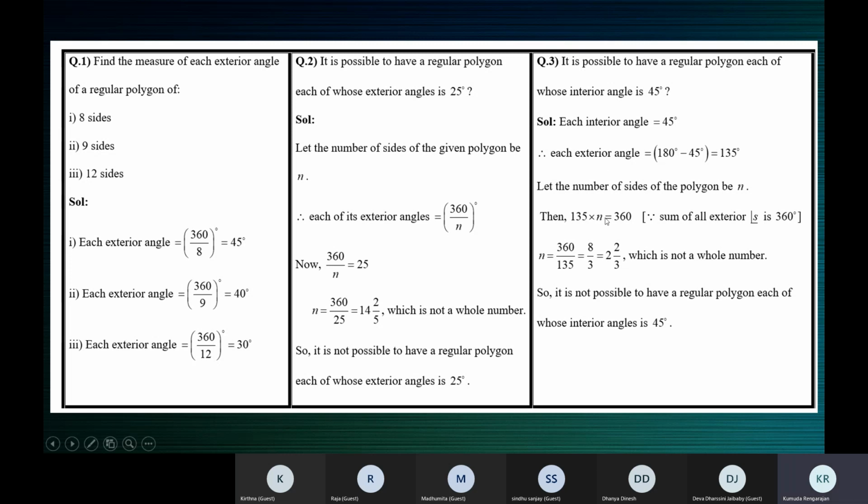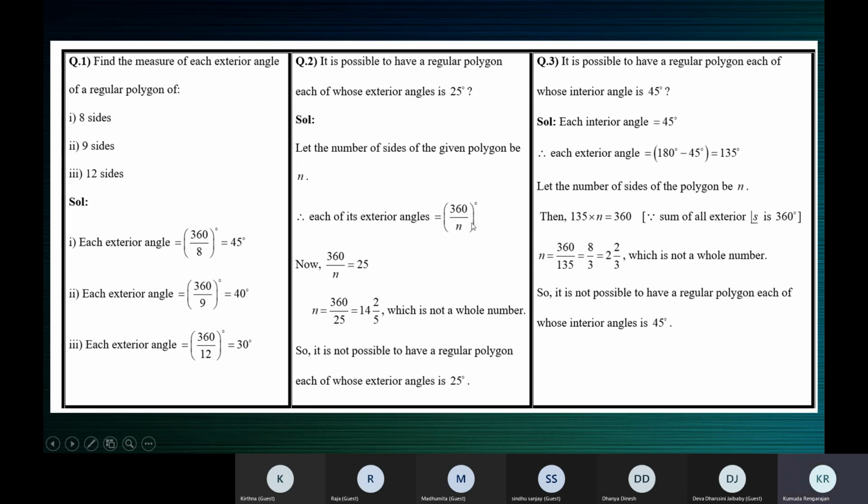So you can see the answers to the first question here. The second one, use this formula. Is it possible to have a regular polygon, each of whose exterior angle is 25 degrees? We know each exterior angle is equal to 360 by n.